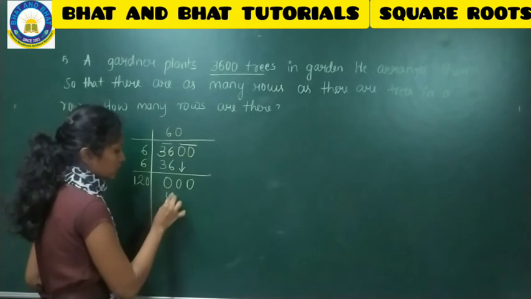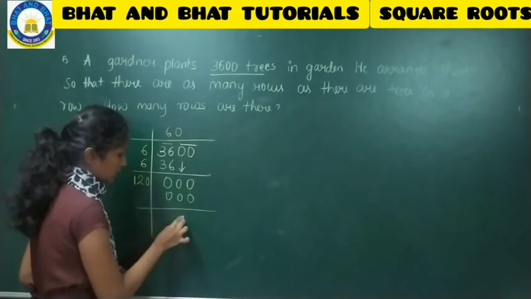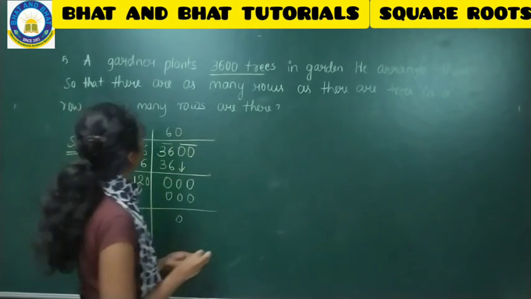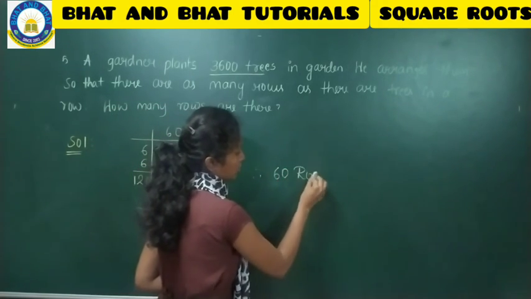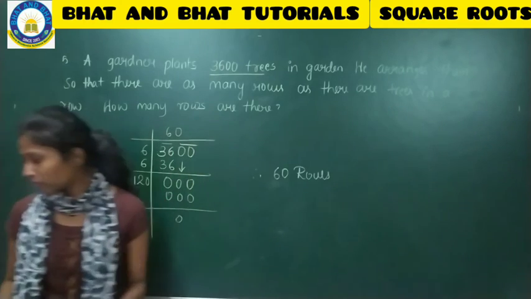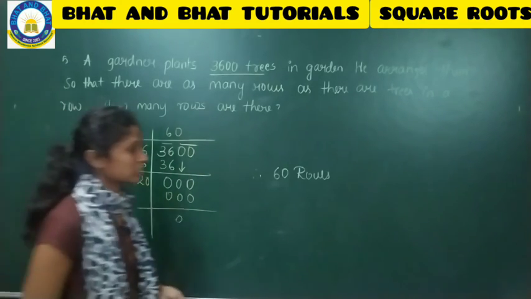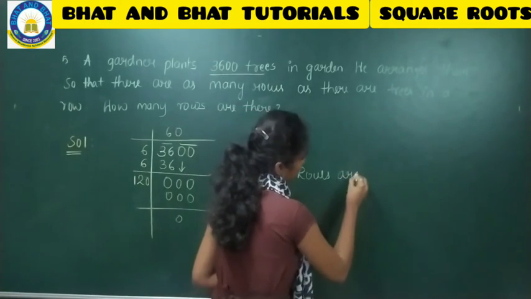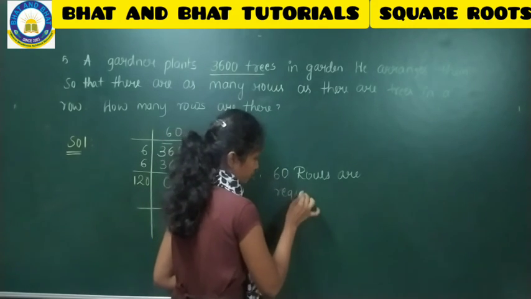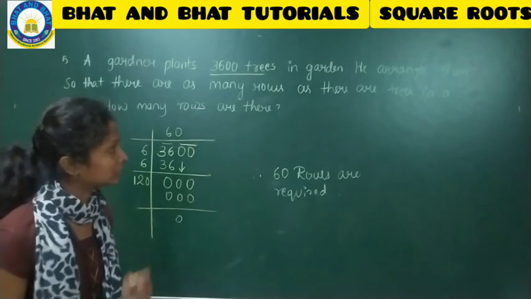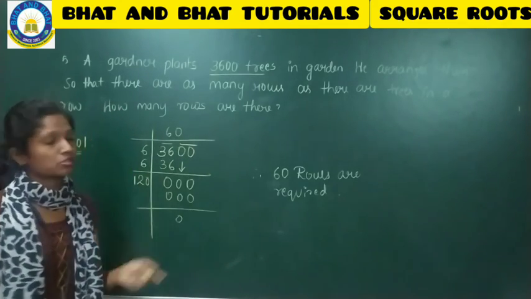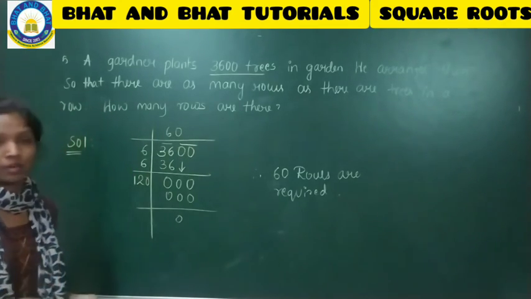Anything multiplied by 0 is always 0. So therefore 60 rows. Therefore, how many rows are there? 60 rows are required. So in each of the 60 rows, 60 plants can be planted by the gardener. This is what the solution is. You can just copy down this now.